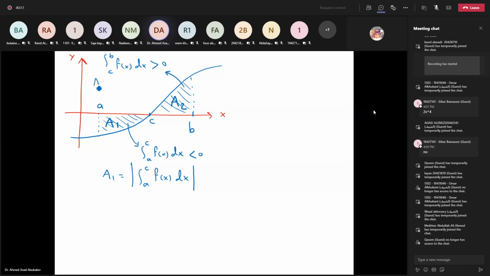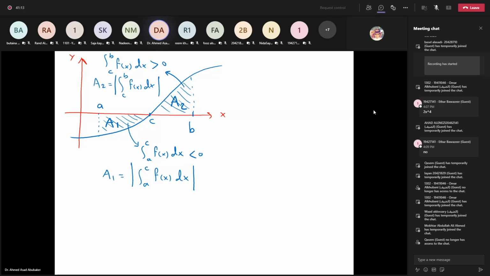The area 2, we can put directly the integral from C to B of f of x dx. Also, we can put it under absolute value. This does not change the value. Absolute value just changes negative cases. But if we have positive, it stays positive.